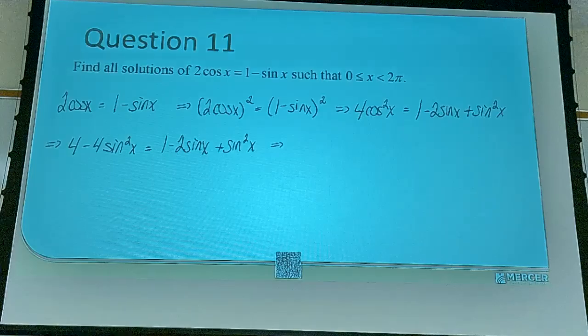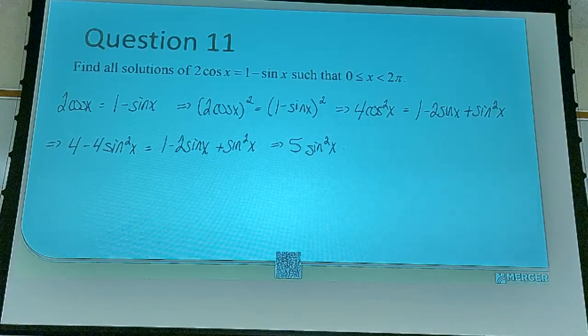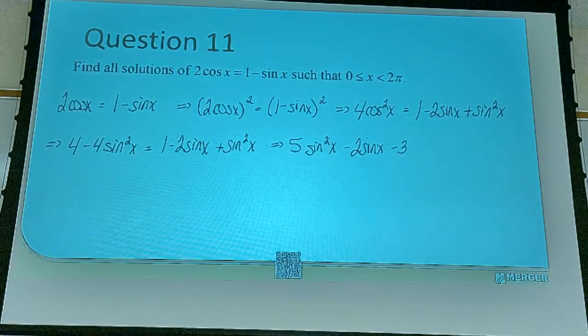Move everything to one side, rearrange. We have 5 sine squared minus 2 sine, looks like minus 3, is equal to 0.